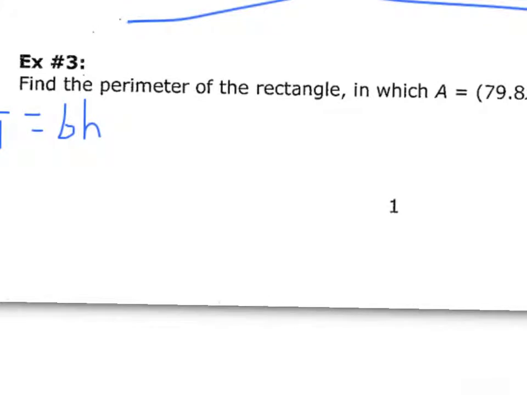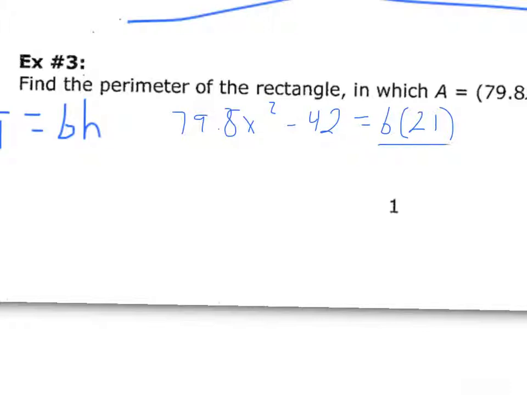So you'll have 79.8x squared minus 42 equals your base times 21. That's just after we've plugged in information that we already had.